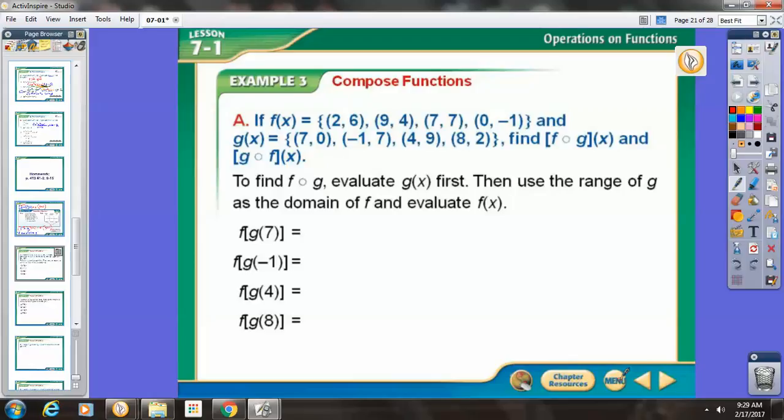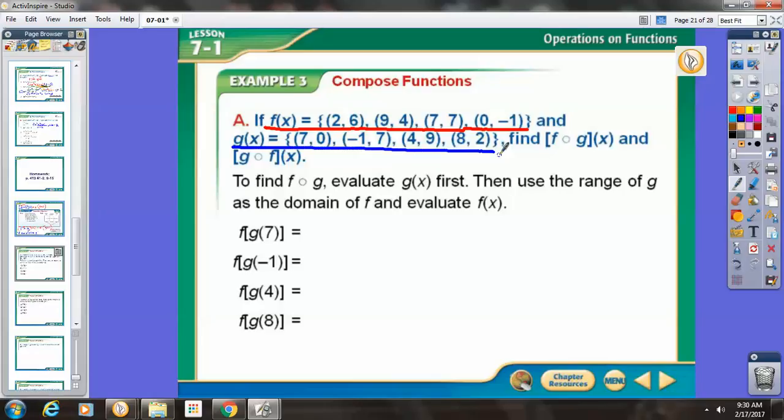This is the first example you guys have on the backside, right? Example A. Okay, so we have two functions. First of all, do you see the two functions? One is an f function, right here. And we have a g function, right here. We don't usually see functions as ordered pairs, but that's how they're set up for this first example.